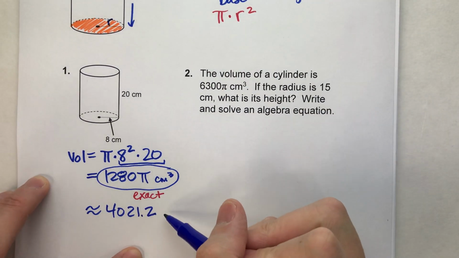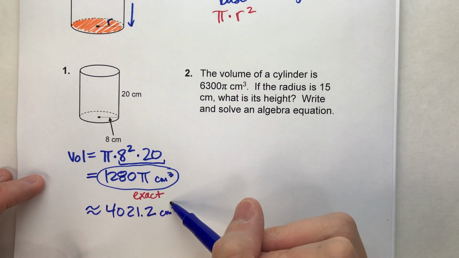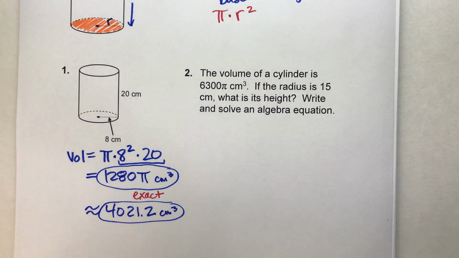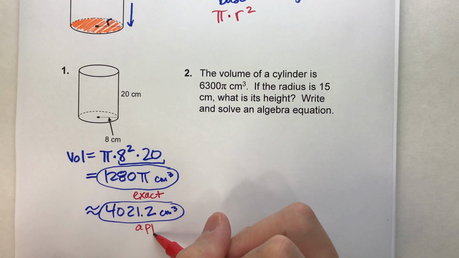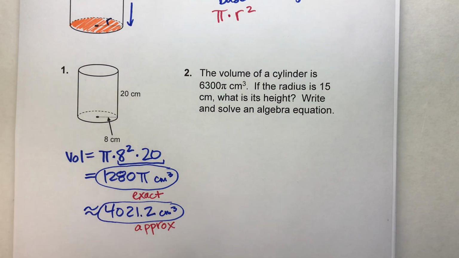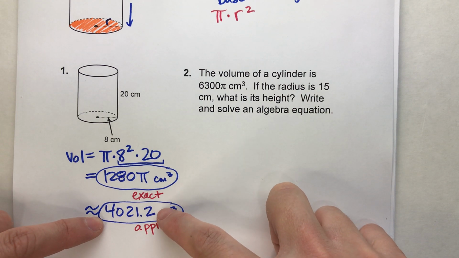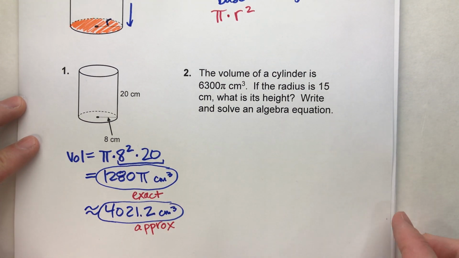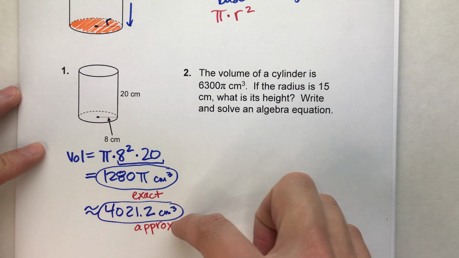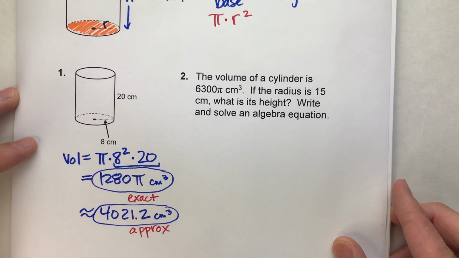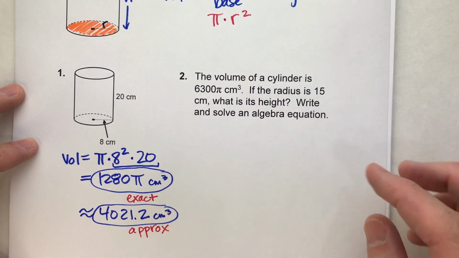All right, centimeters cubed. And that's what we consider our approximate answer. And it's approximate because we had to round it. Okay, this isn't exactly the volume. It's a little bit bigger than this volume. But we rounded it, and it's fairly close, so we'd say it's an approximate volume. Okay, so make sure you know the difference between these two.